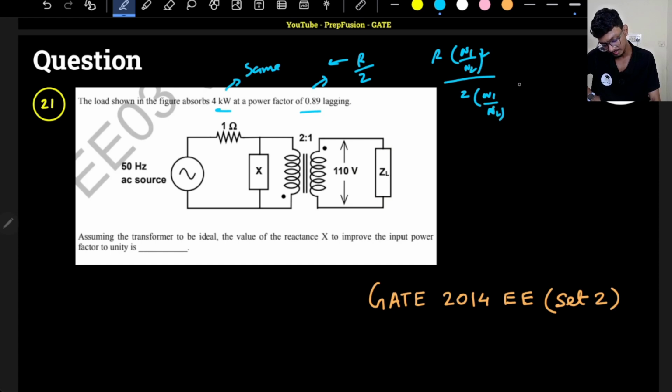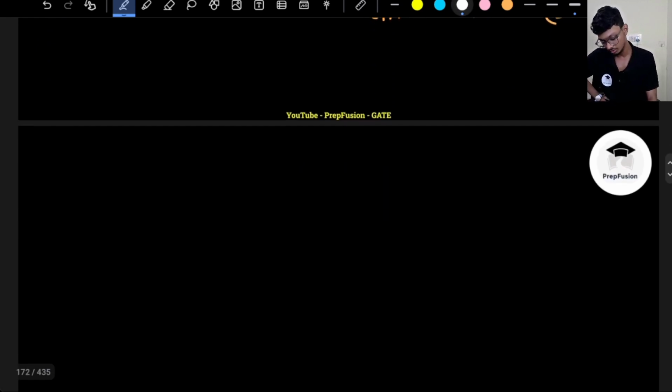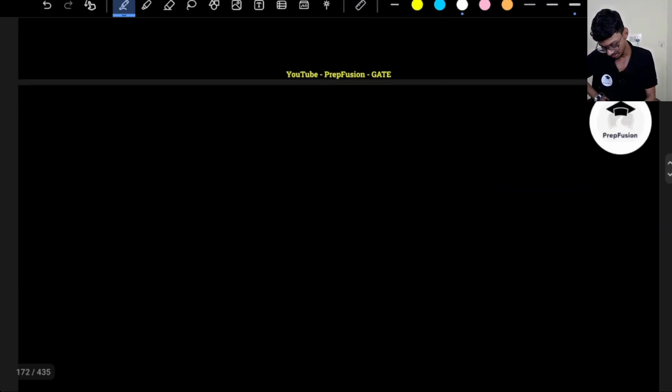So they cancel each other out. So the power factor also will not change in the primary, if I refer it to the primary. Understood? Now let me draw the equivalent circuit. Here I have the input source.